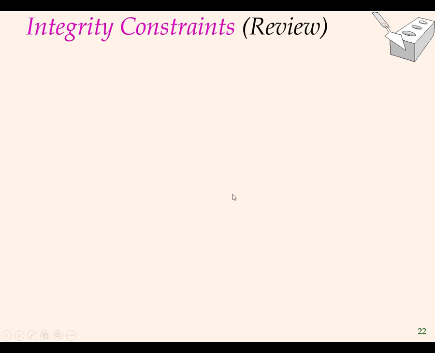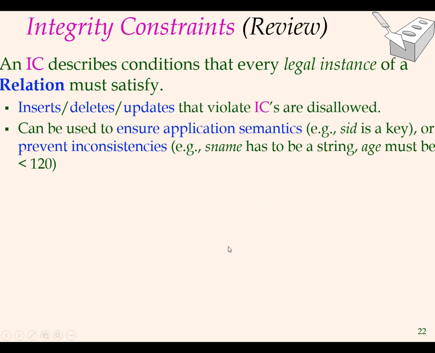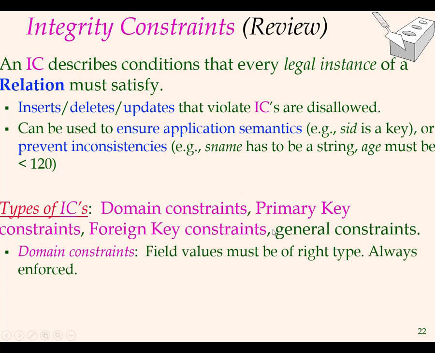Okay, let's review integrity constraints. When you insert, delete, or update, the DBMS will check the constraints. Again, your application cares for the semantics. The DBMS software will only enforce the constraints that you have specified. They are the domain constraint, that means the type that you provided for that field or column.